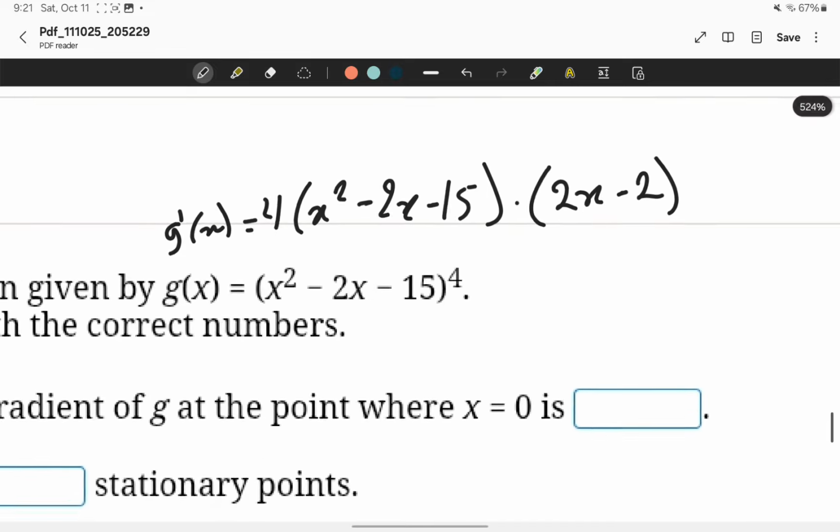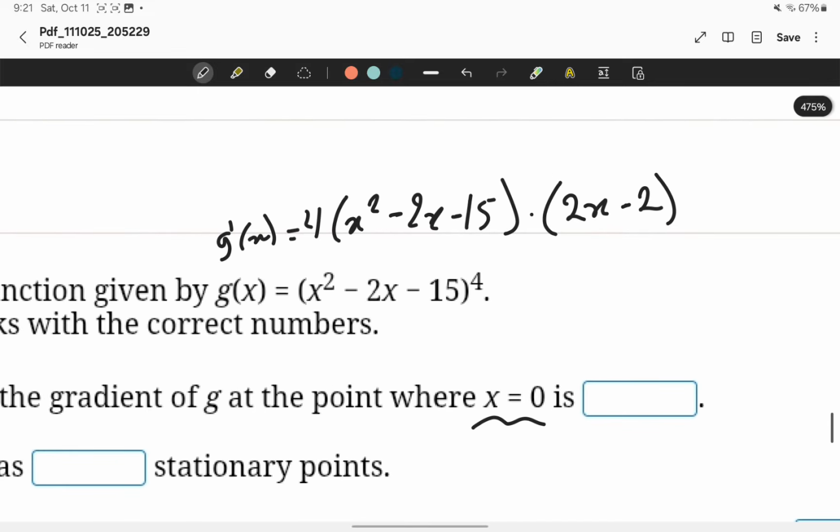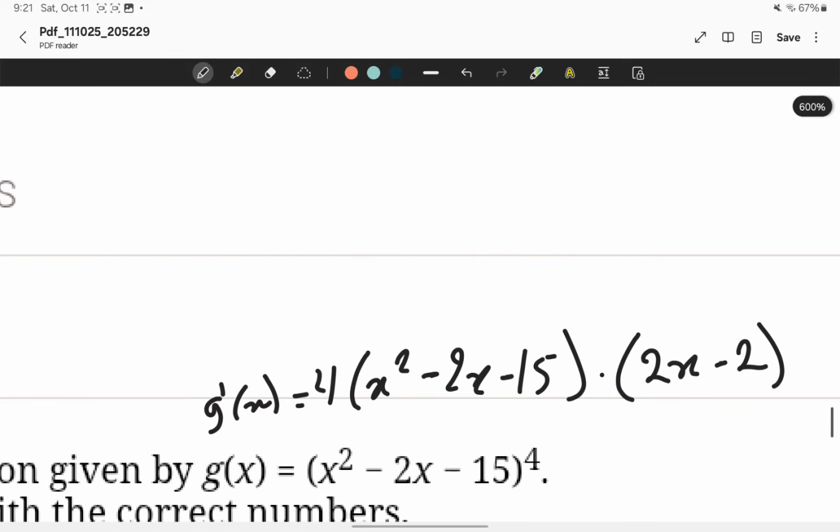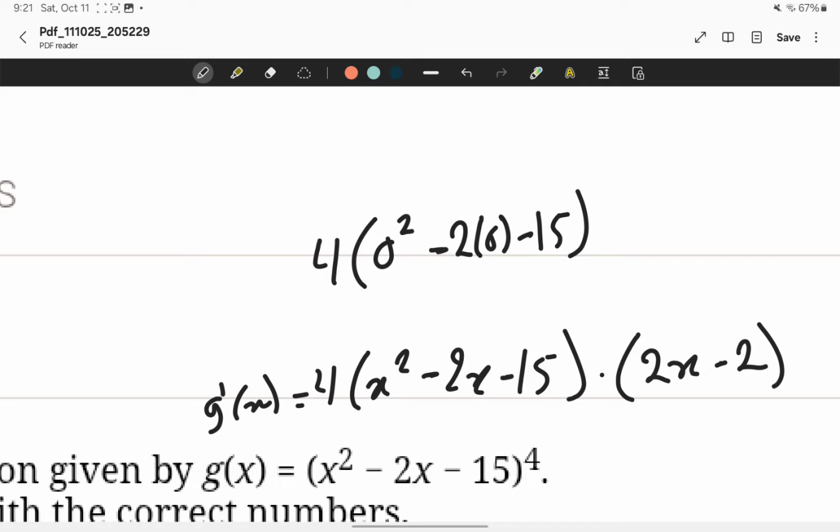That's our derivative. If you substitute x is 0 into this, you get 4 into 0 squared minus 2 times 0 minus 15, multiplied by 2 into 0 minus 2.